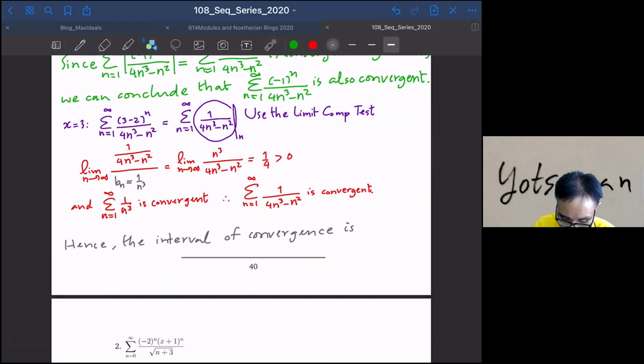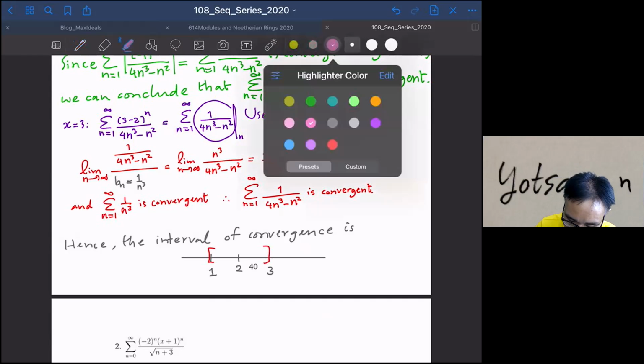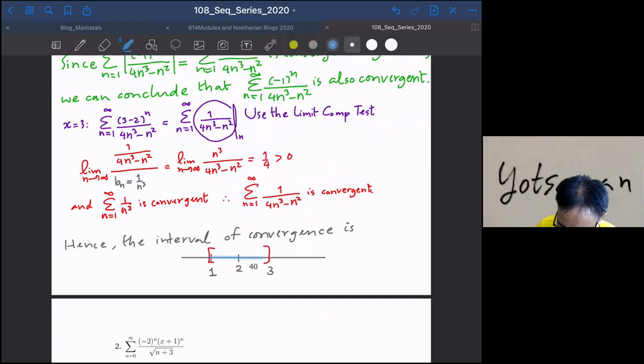You have 2 in the middle, you have 1, you have 3, and you have this endpoint and this endpoint. It turns out to be convergent inside this interval, and divergent outside. So this is going to be the interval of convergence, where you use the notation for the closed interval, like in your high school.